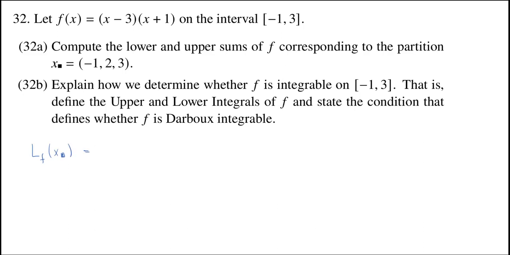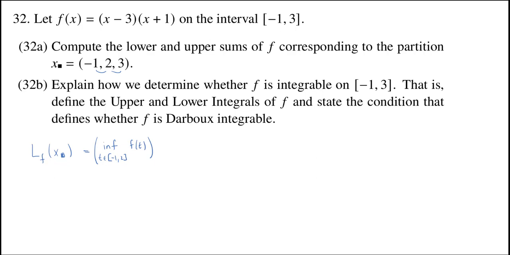So how do we define this? Well, for each of the pieces of this partition, so there's 2 pieces in this case, since this is a lower sum, we're going to look at the infimum over all t between -1 and 2 of f of t. And then we're going to multiply this by the width of this part of the partition.